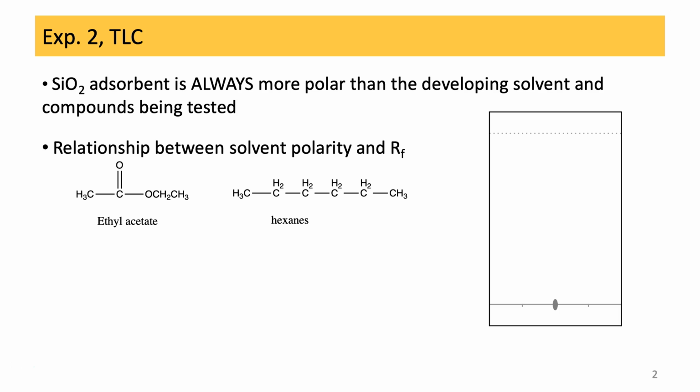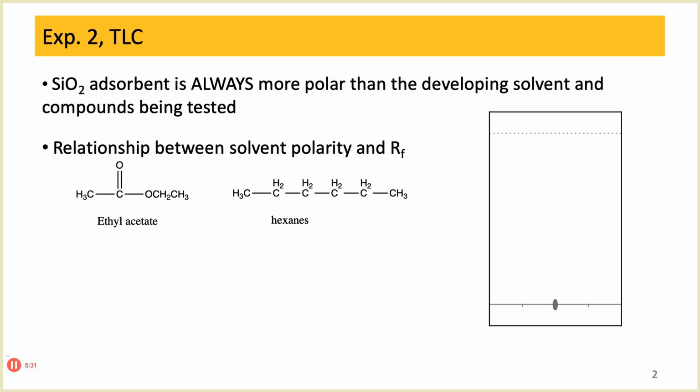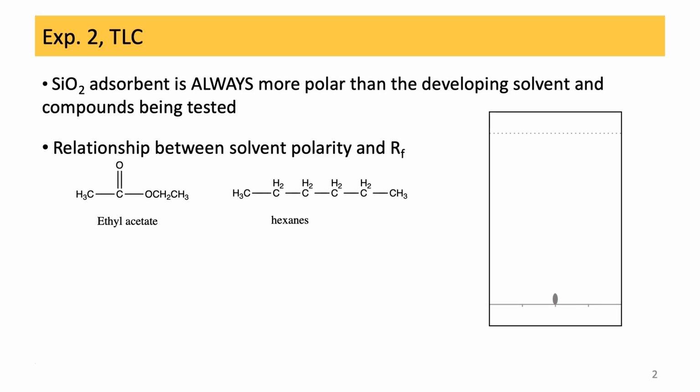So, when I have a plate and I spot my sample mixture on the plate, it's sitting there at the bottom of the plate. Then I develop it, and the spot or spots, if there's more than one component in your mixture, moves up the plate depending on how polar the eluent is.